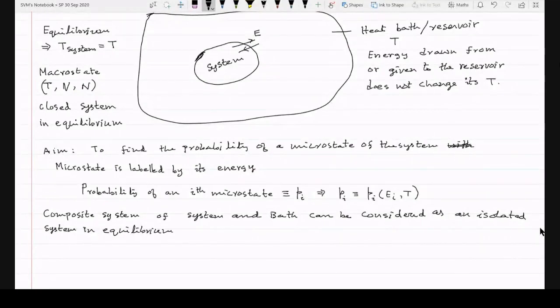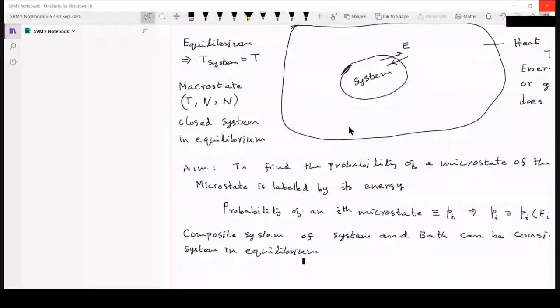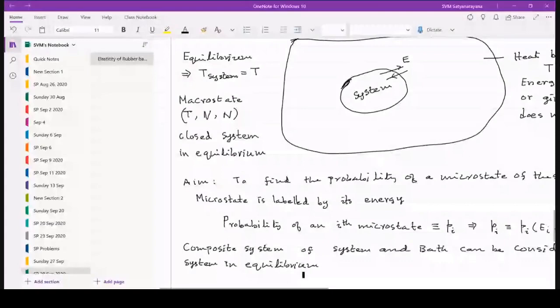This is nice because now I can use all that I know about such systems, because we have seen that already in the previous discussion.